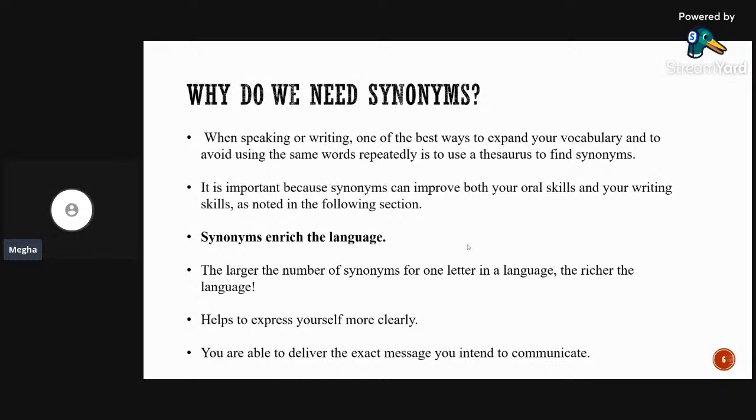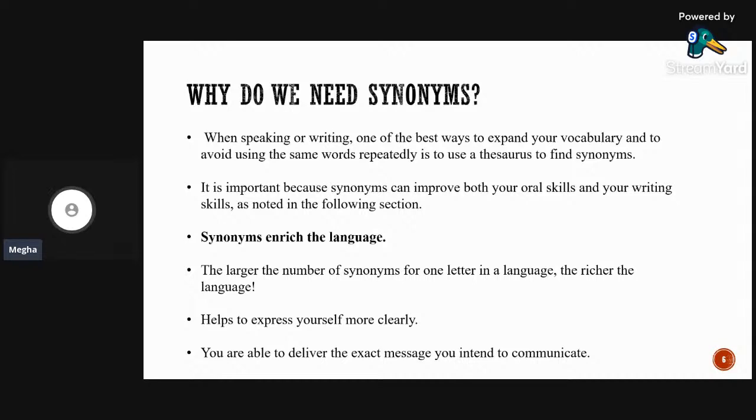Why do we need synonyms? Let's see. When speaking or writing, one of the best ways to expand your vocabulary and to avoid using the same words repeatedly is to use a thesaurus to find synonyms.